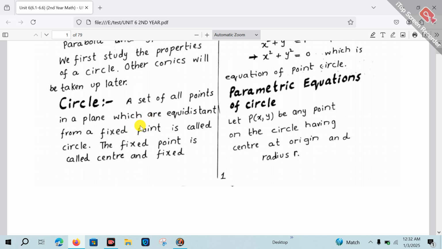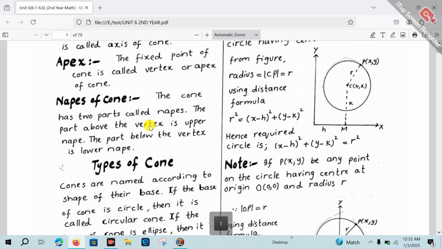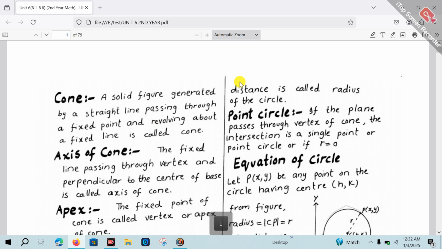So that point, from where the distance to any point on the boundary is constant, this fixed point is called the center of the circle, and the distance from the center of the circle to its boundary is called the radius of the circle.